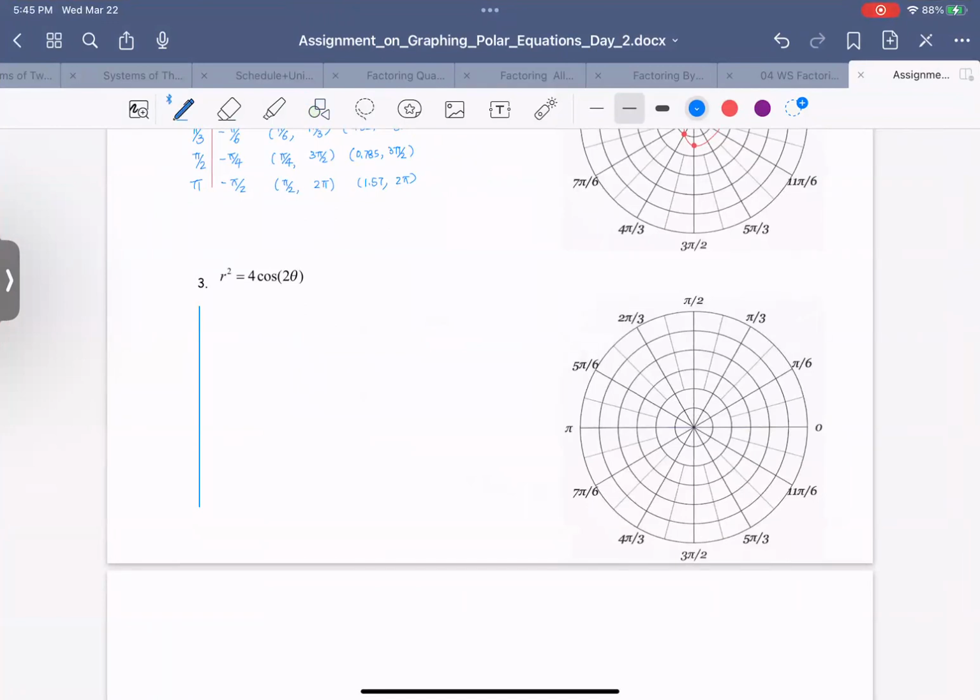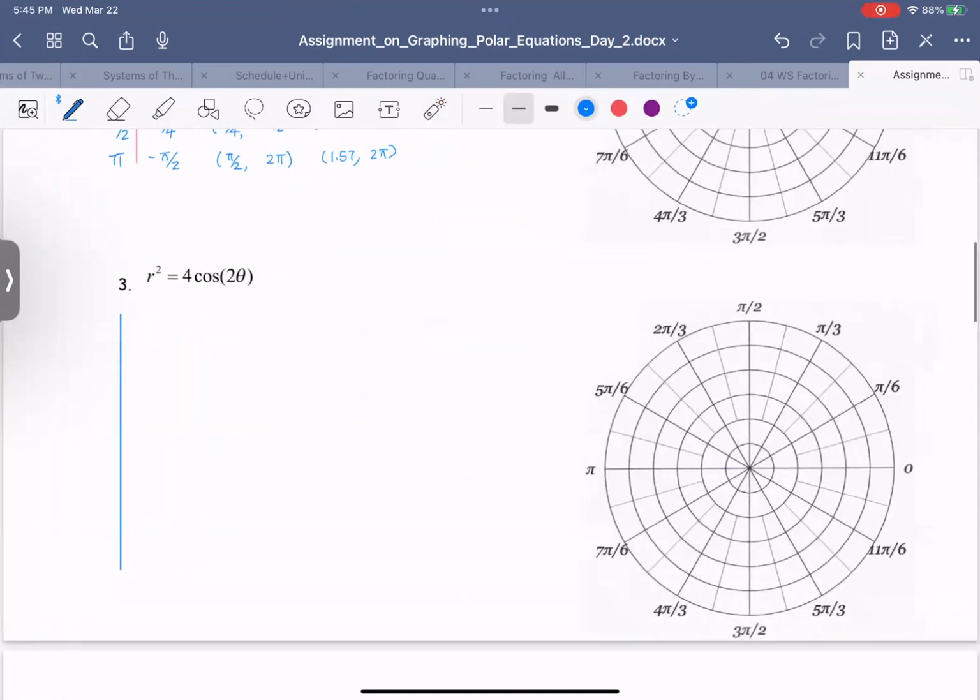So if you want this to reach the maximum, that means you want your cosine 2 theta to reach 1. If this reaches 1, your 2 theta is going to be 0, right? And then when this 2 theta equals 0, theta equals 0.